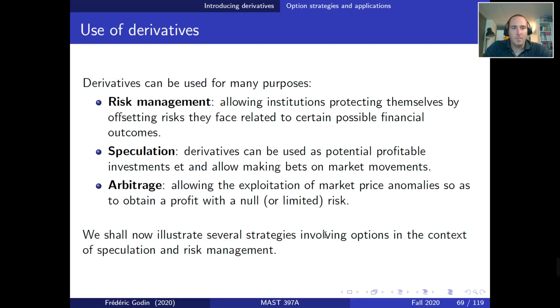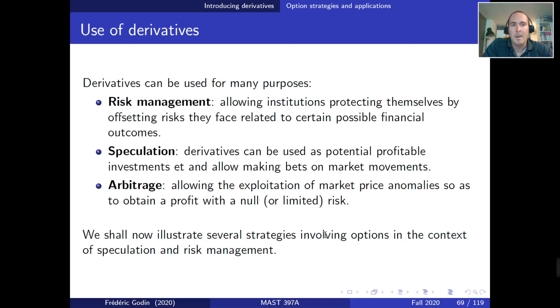So we've seen many types of derivatives: forwards, futures, options, so regular or vanilla options, and many types of exotic options. It's great, but what's the use of these contracts in practice? Well, there are three main uses of these contracts by institutions in practice. The first use is risk management.